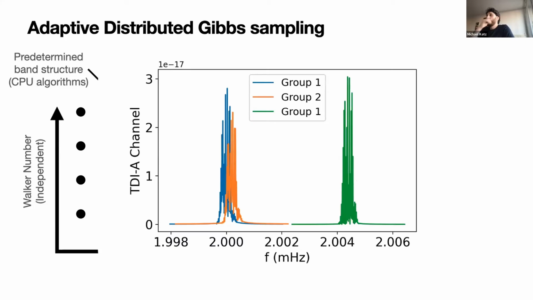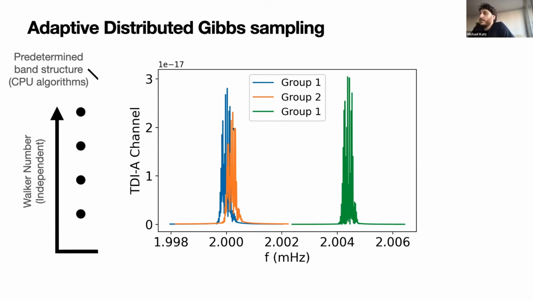We can see an example here, where if we have our blue and our orange source, we cannot run these at the same time, because they affect each other; the likelihood depends on each other. So we cannot run the blue and the orange signals together. But as long as we do some very particular bookkeeping, we can run the green source and the blue source at the same time, because their effect on the likelihood is effectively independent.